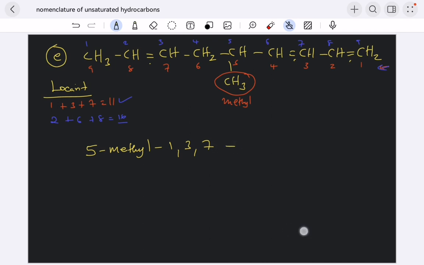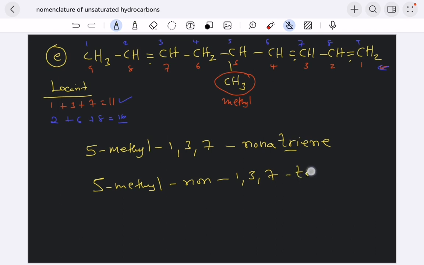Then the longest chain is a nonane. So I'll say nona, then I have trine because they're 3. Or I can say 5 methyl, then non 1, 3, 7, then trine.